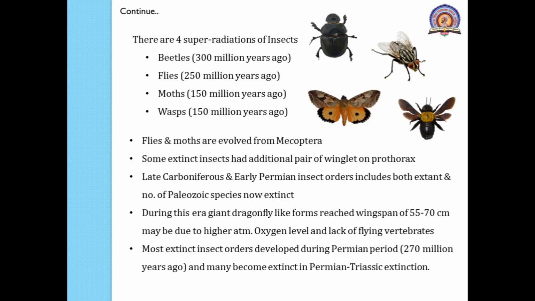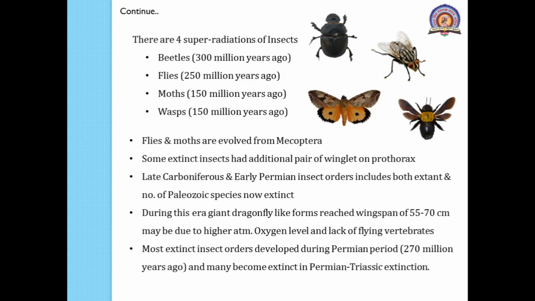Now some extinct insects had an additional pair of winglets attached to the first segment of the thorax, that is the prothorax, for a total of three pairs. This means the primitive flying insects had a pair of wings on each thoracic segment, which is not seen in pterygote insects nowadays, as the prothoracic wings are completely lacking and whatever wings are present are restricted to the mesothorax and metathorax only.